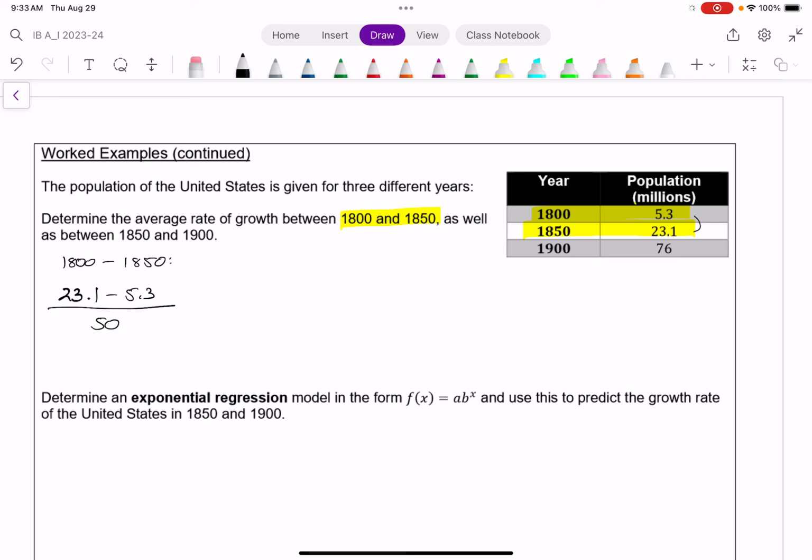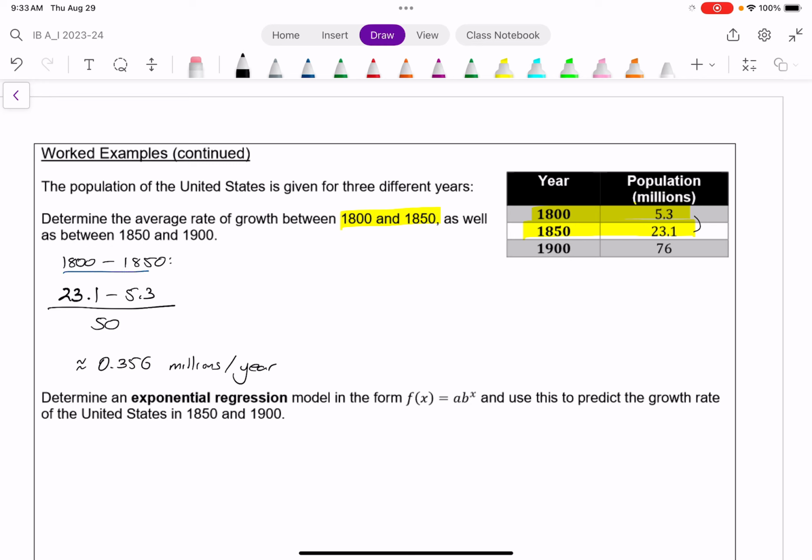And for this, we should get approximately, or I think it's actually exact, 0.356. Remember the units in this case, it's millions of people per year.